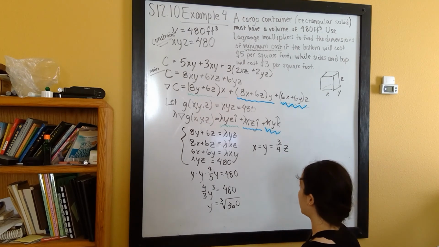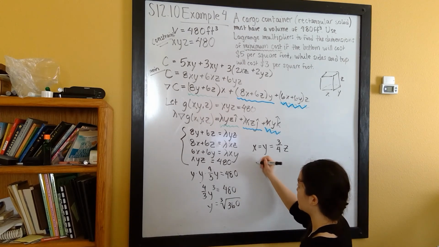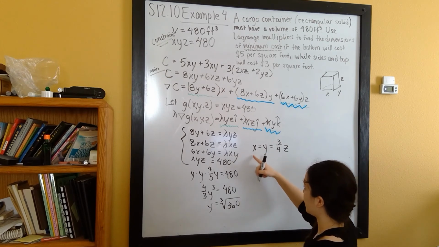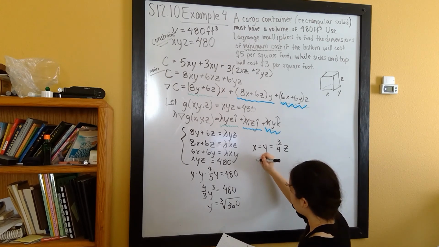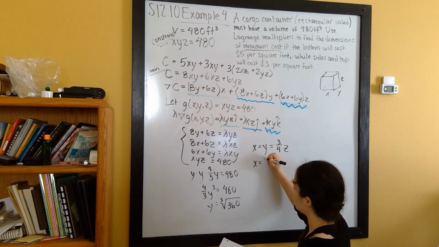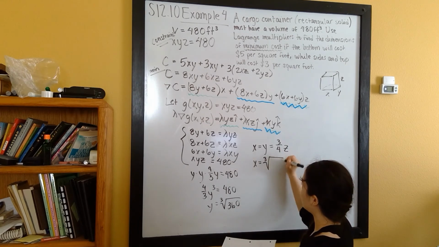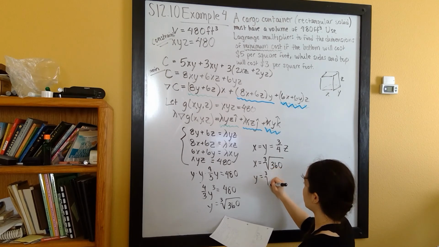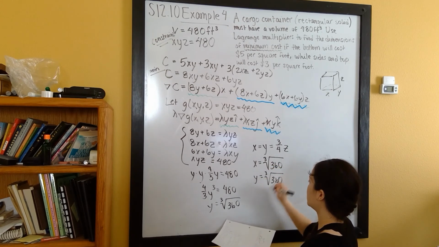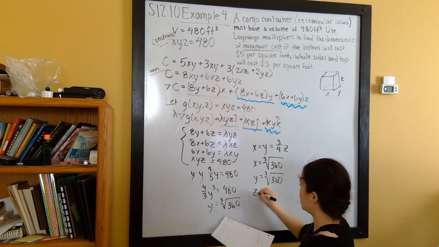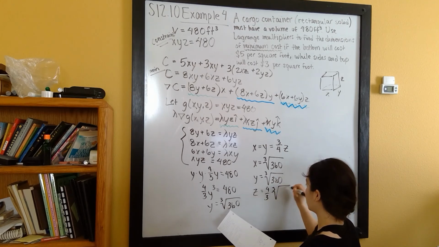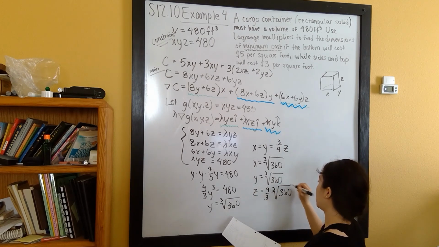So then from there we can get our x and z values. x would be equal to the exact same thing, the cube root of 360. y, we just have that right there, the cube root of 360. And then z is going to be equal to 4/3 times the cube root of 360.